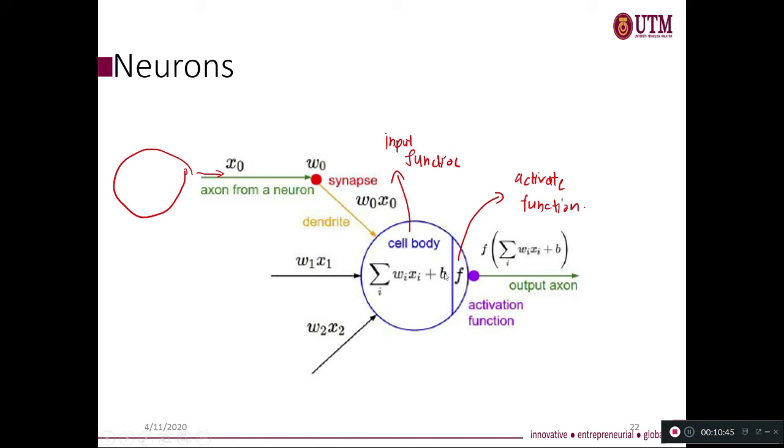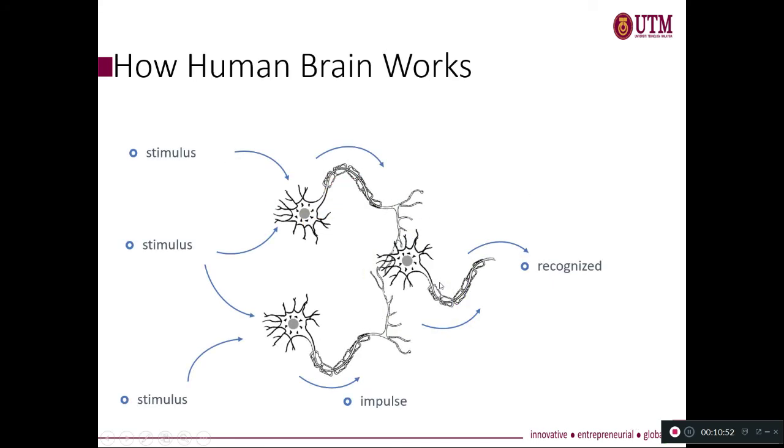And then you also have the activation function there. The activation function represents this nucleus, because before it can fire that signal through the axon to the next neuron, it depends on whether this neuron is activated or firing or not.